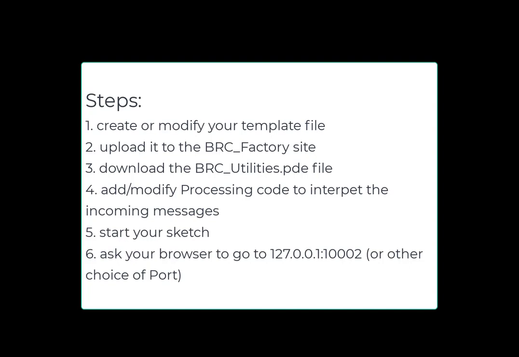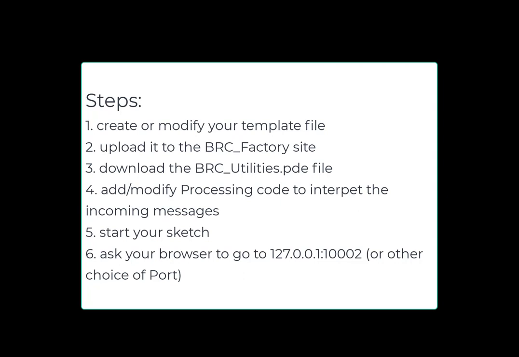And so here are the steps to create or modify your sketch with these controls. Step 1, either create or modify an existing template file into which you'll indicate what controls or monitors you would like. Step 2, upload it to the BRC factory site and ask for the modification, and it will immediately give you the brcutilities.pde file to download.